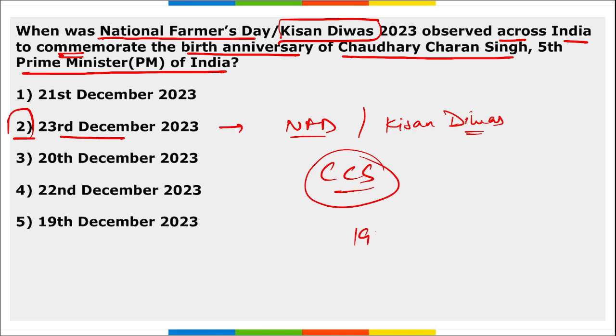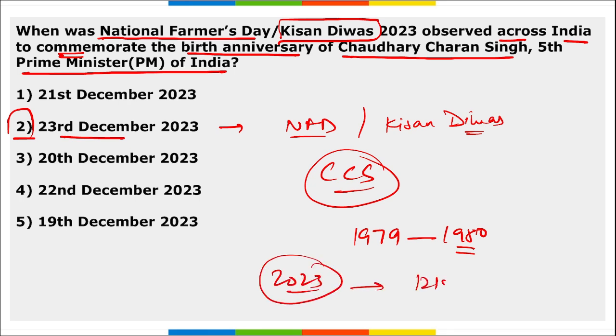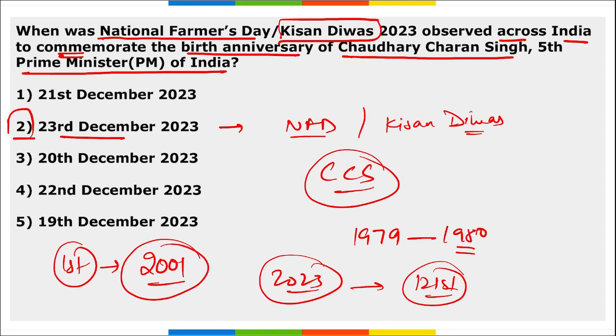He was in this position from 1979 to 1980. And this year in 2023, it was the 121st birth anniversary of Chaudhry Charan Singh. And remember, the first ever Kisan Divas was observed in the year 2001, that is on 23rd of December 2001.